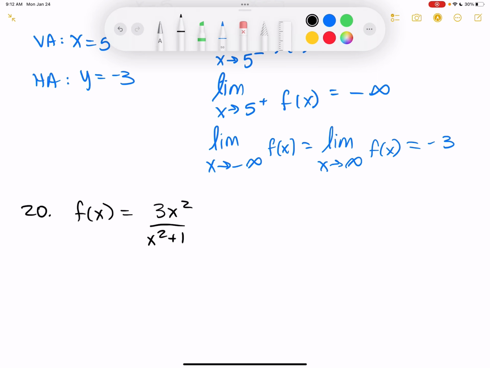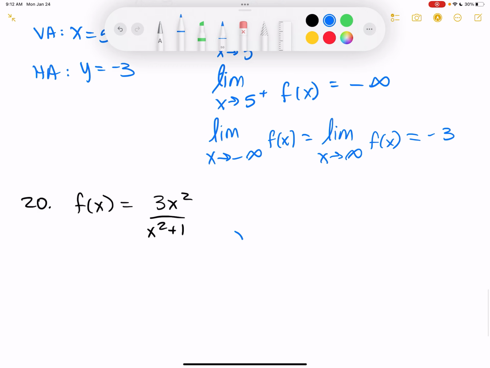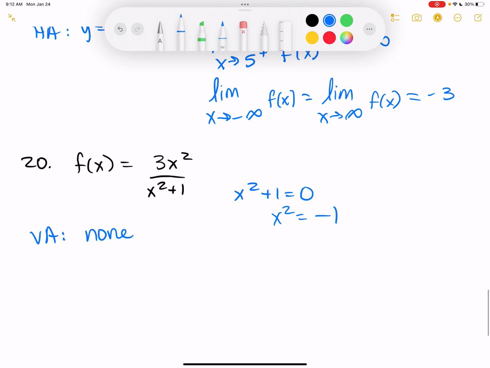Real numbers? No. If I did x squared plus 1 equals 0, x squared is equal to -1. If I take the square root of that, that's i's, so there's not a vertical asymptote there. So you still have to show that you checked for them by telling me that there's none. Don't just not write it, okay? It's not correct if you don't tell me that there are none.